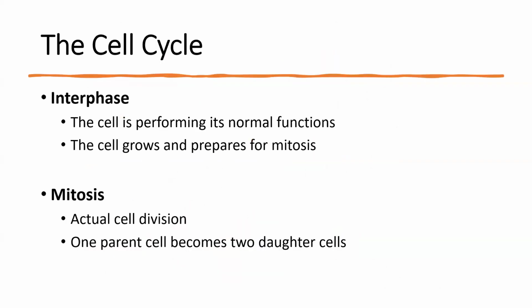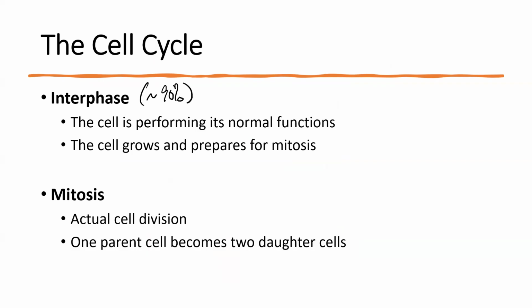All right, so we're going to talk about the cell cycle. The cell cycle is mainly separated into 2 key events. We have what's called the interphase. This is roughly about 90% of the time for most cells. There's nothing really special going on during the interphase.